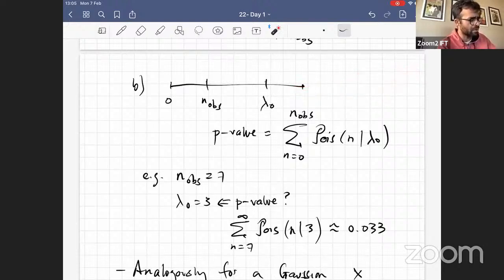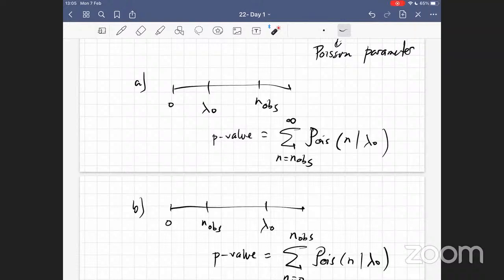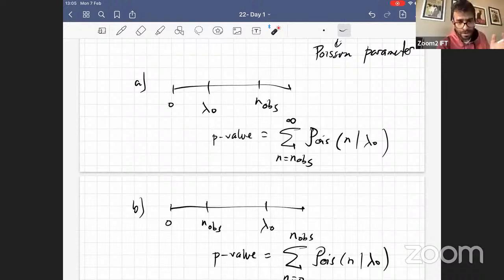It doesn't make much sense to start considering this other tail, no? You are referring to the p-value of a null hypothesis with respect to some observation, right? And then you need to refer to that observation. So you have the likelihood, if you want.